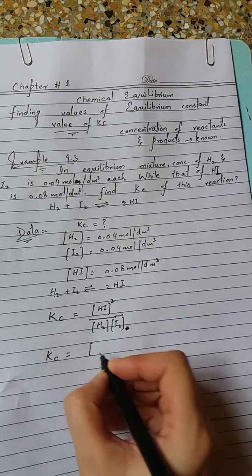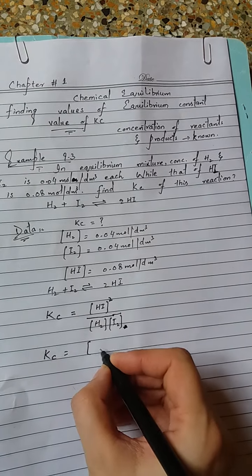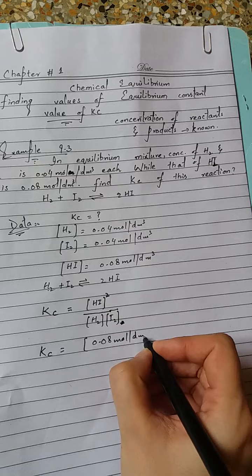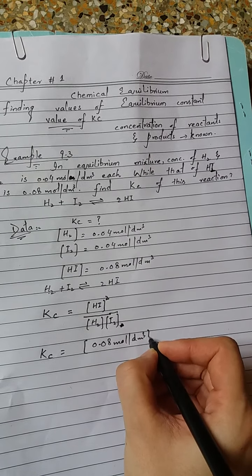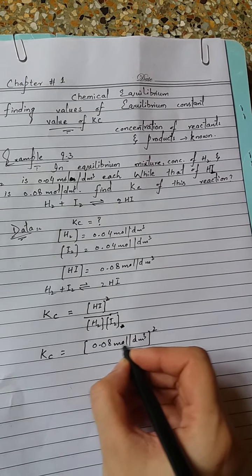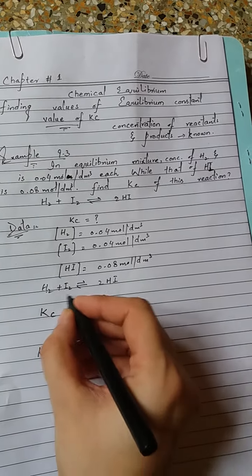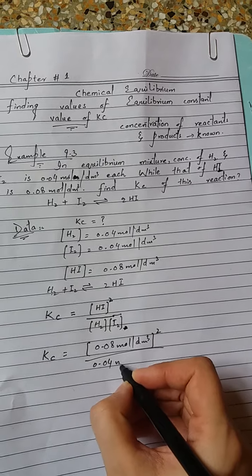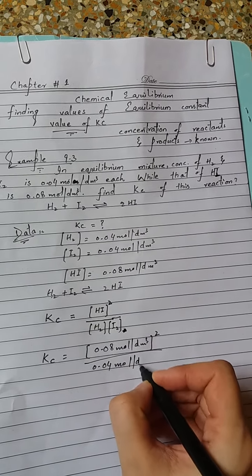We will have concentration of HI is 0.08 mole per decimeter cube. Concentration of H2 is 0.04 mole per decimeter cube, so we will write here 0.04 mole per decimeter cube.